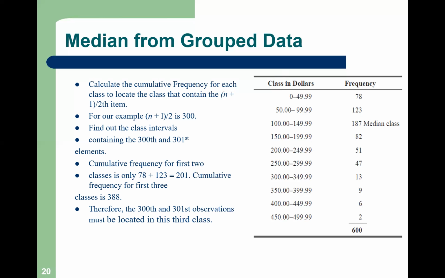This shows that in the first two classes we have the first 200 values, and in the third class there are 187 values, so the 201st value to the 388th value are in the third class. This shows that this class is actually the median class. This class has the median value. We have located the class.